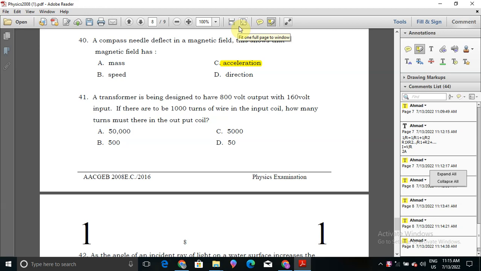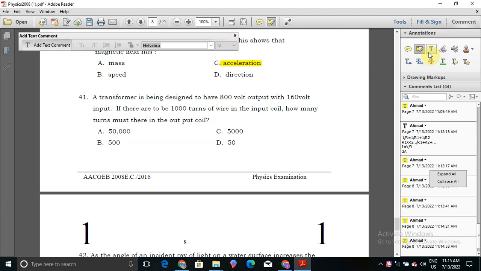First of all, to write the formula, it will be VP over VS is equal to NP over NS. Now VP is the input volt and VS is the output volt.